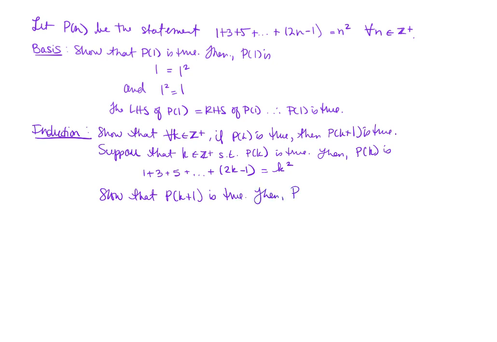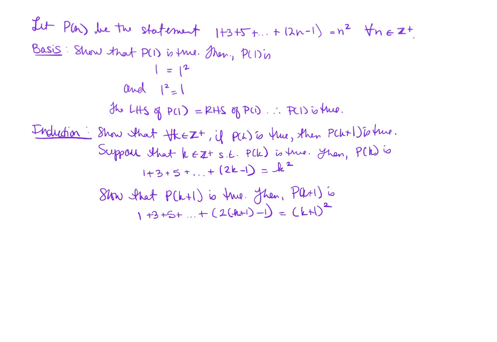Then we have P of k plus 1 is, will be 1 plus 3 plus 5 plus all the way up to, now this is where the fun part comes in, 2 times k plus 1 in parentheses minus 1. And it's going to equal k plus 1 quantity squared.